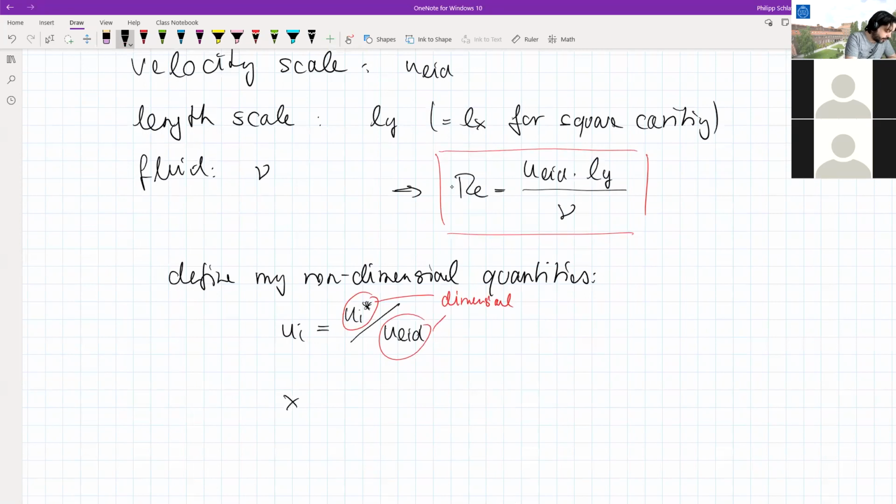The same thing I can do for my coordinates, which is xi star divided by Ly, the same way. And for the pressure, I can do the same thing. My non-dimensional pressure would be my dimensional pressure, normalized with rho and u lid squared.